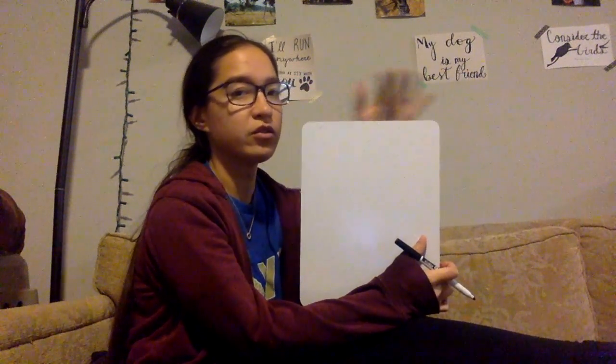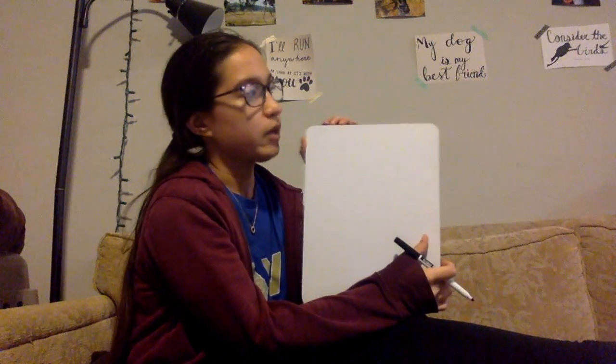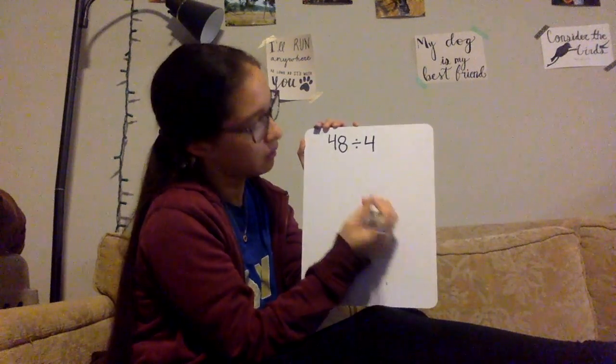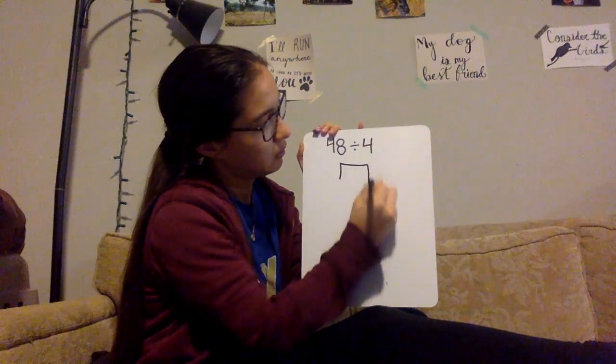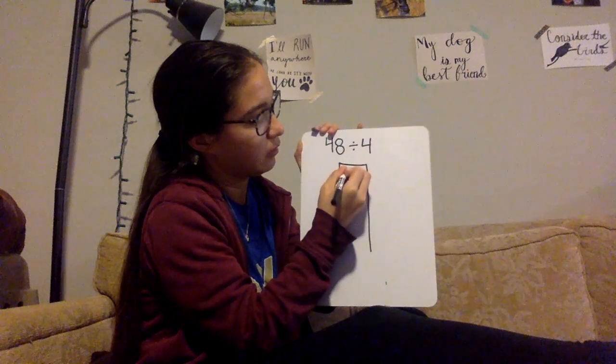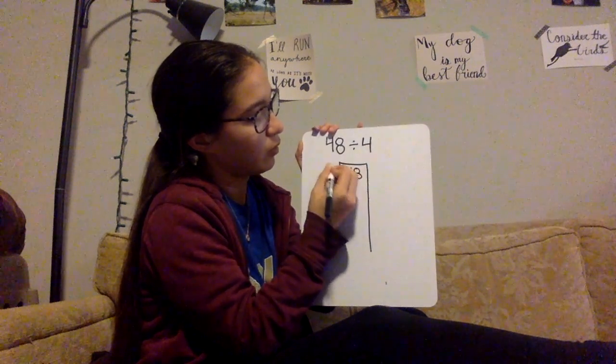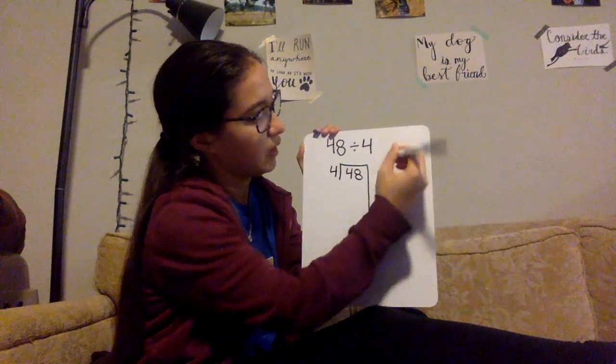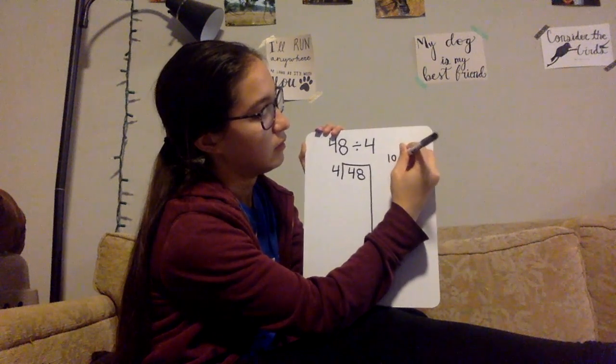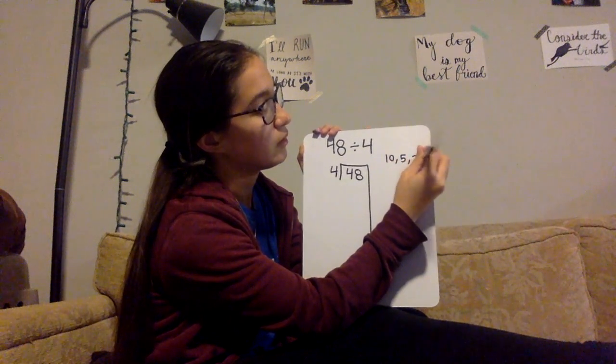Okay, for this strategy, for this time that we're going to solve together, I'm going to do 48 divided by 4. I'm going to draw my big 7. 48 goes on the inside, 4 goes on the outside, and my friendly numbers are 10, 5, 2, and 1.